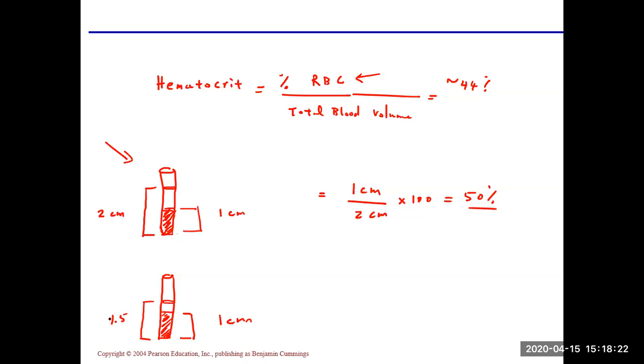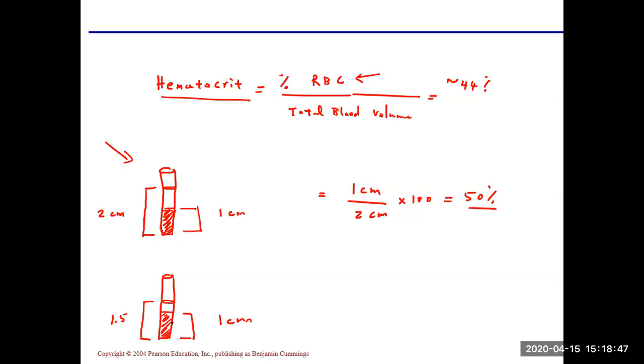As a practice, you could go ahead and see what will happen to the hematocrit. Does the hematocrit increase? Does the hematocrit decrease? In order to answer that, you need to take a look at what is happening and what hematocrit is: the percentage of the red blood cells. To me, the percentage increased in this example.